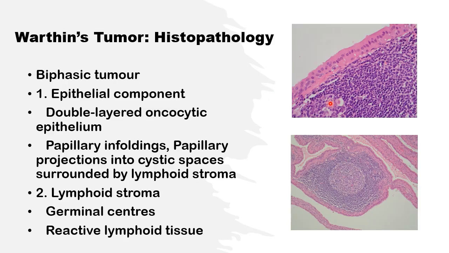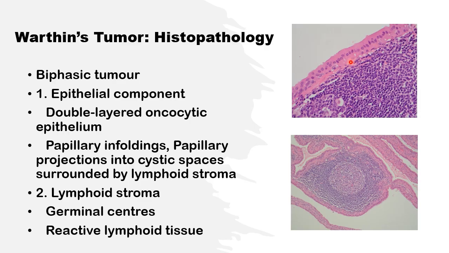Microscopically, the tumor would show biphasic tumor cells. The first is an epithelial component formed of a double layer of epithelium with oncocytic epithelium with high mitochondrial content.